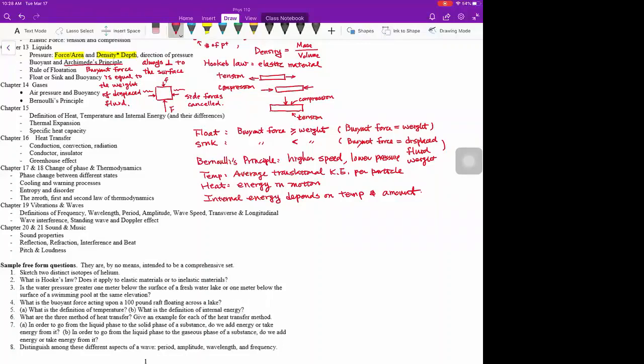Thermal expansion, I didn't spend a lot of time talking about it, but it's an interesting topic. In the book, they tell you about an experiment you can do by yourself. If you purse your mouth, making it smaller, and blow air onto your hand, you're going to feel the air is colder.